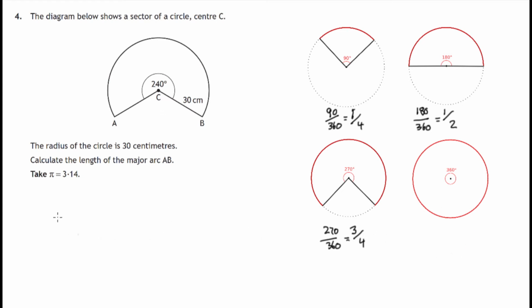So in our case, the major arc AB, that's from there right round to here, will be 240 compared to 360, that fraction of the whole circumference.